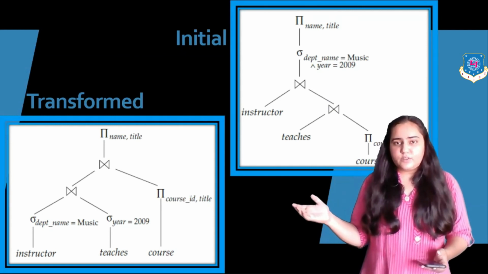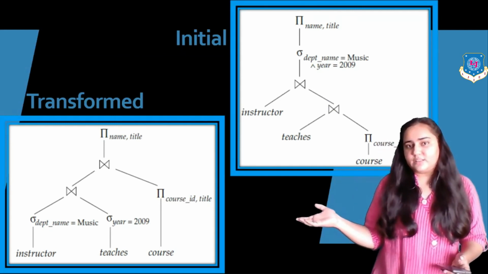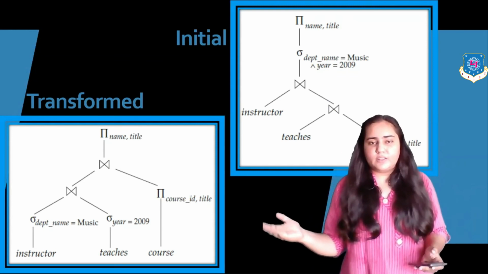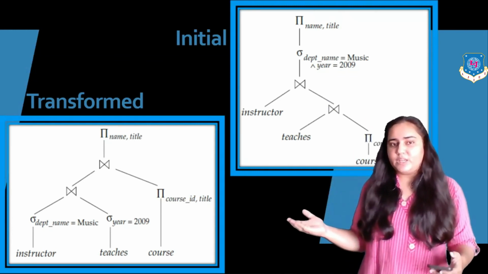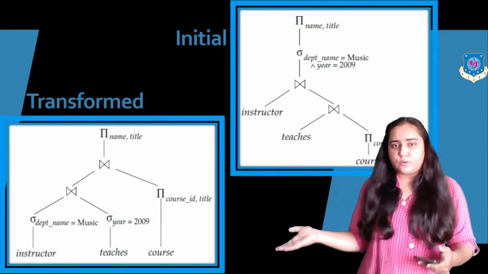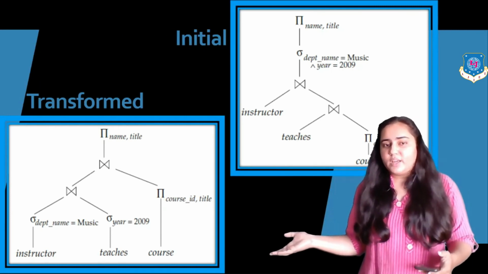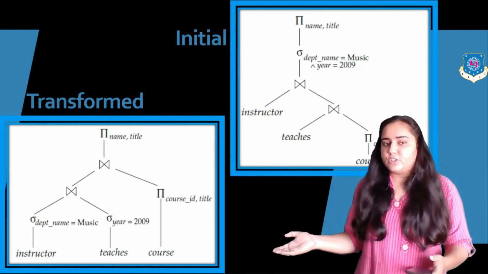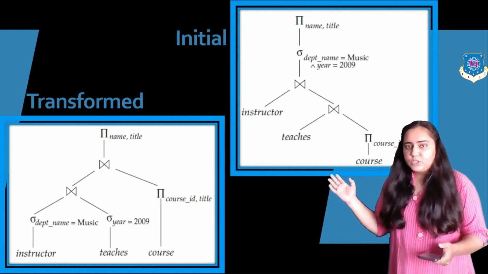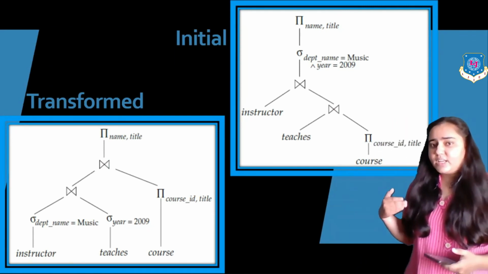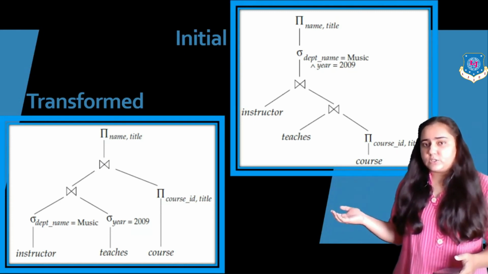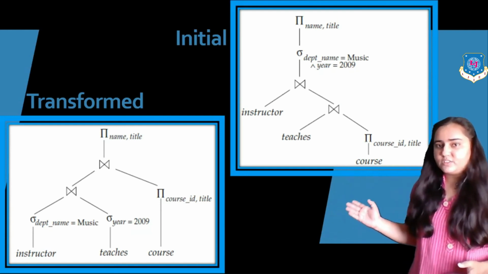And if you see in the transformed tree, this is easier because while I'm doing the sigma operations on instructor and teachers, I can at the same time run the pi operation on course, because I don't have to wait for instructor and teachers to finish the sigma in order to perform pi on course. But if you see the initial tree, the first thing that I can do is perform pi on course. I can't do anything with instructor and teachers till the pi operation on course is finished.